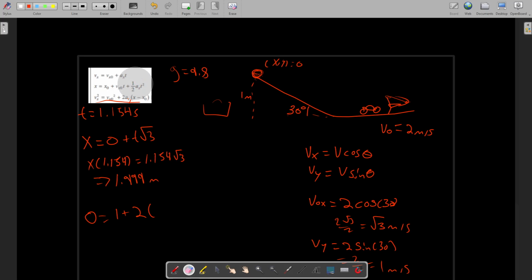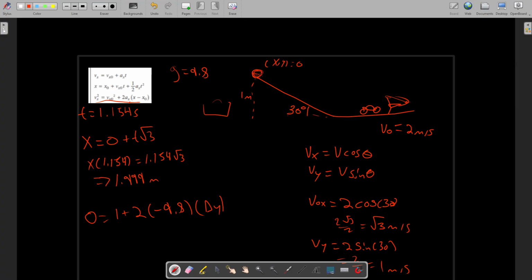But our g is going to be negative in this case. So negative 9.8 times our delta y. So basically it's saying, what's our change in y from the original at the start?